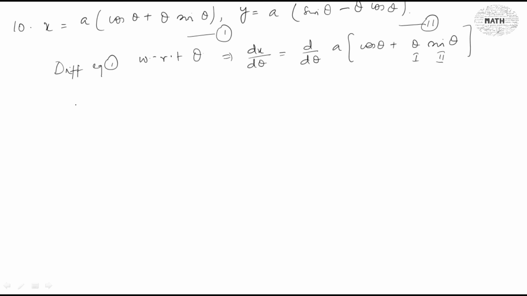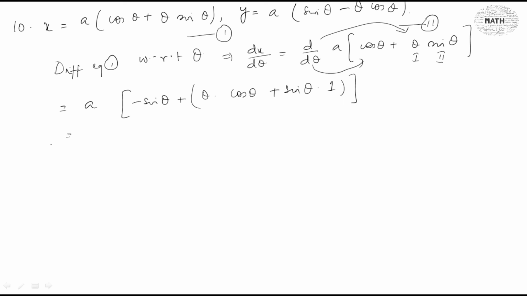So that will be nothing more than a, so first of all, d by d theta of your cos theta is nothing more than your minus sine theta. Now I have to apply the product rule over here, so that will be plus bracket theta, d by d theta of sine theta is your cos theta, plus sine theta, d by d theta of theta is 1. I hope you, if not clear, you can simplify slowly also.